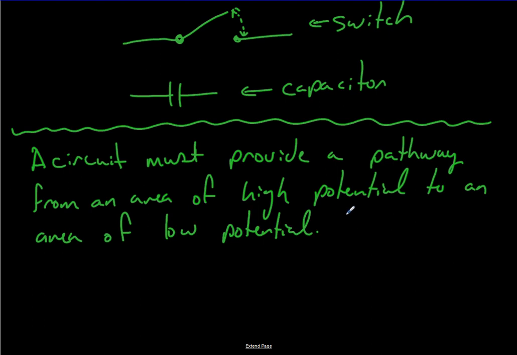And that pathway must be through a conductive element, usually a wire. Or if you're talking about a circuit board, then through the traces on a circuit board, which are a similar concept. They're just strips of metal, really.